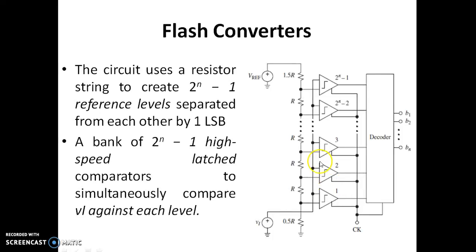Now suppose that we have 16 comparators, and the first three comparators are 1 1 1 and all other bits are 0. Corresponding to this 16-bit digital input, we are going to get a corresponding decoder output, so the analog input voltage will be represented by this binary value.